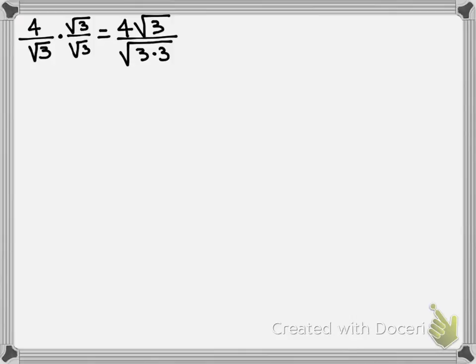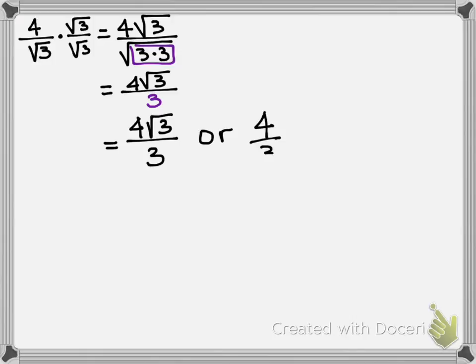As a result, ladies and gentlemen, 4 square root of 3 remains because 4 is outside square root of 3. Then the square root of 3 times square root of 3, I'm looking for a group of 2's. It becomes 4 square root of 3 over 3. That is what you have. Or you can write it as 4/3 square root of 3, because 4/3 is the coefficient of the radical square root of 3.